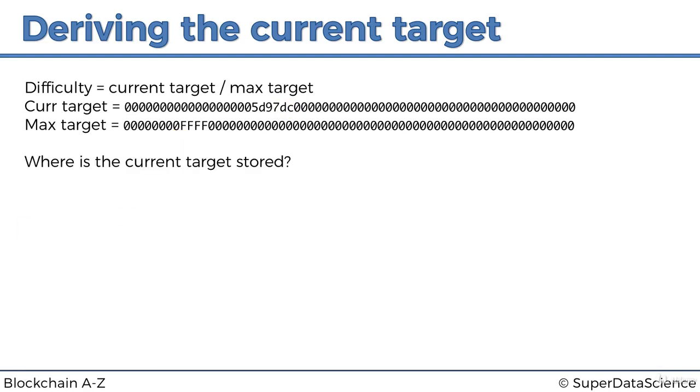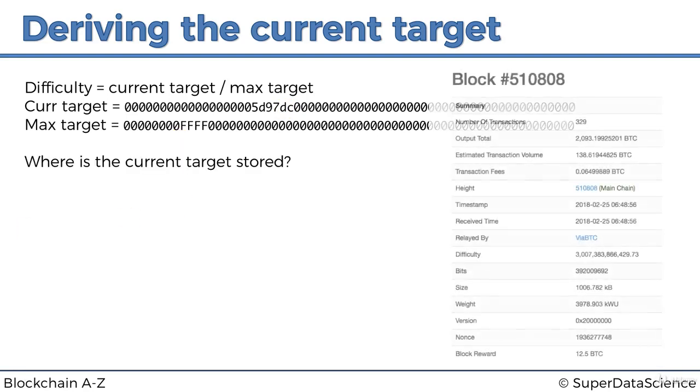So where is the current target stored? Well, if we look at an example of a block, you will see it has a field called bits. That's part of the information that's stored in the block. And you see there's no field called target. There's no actual hash target here, but there is this field called bits, and it's not the size or anything.